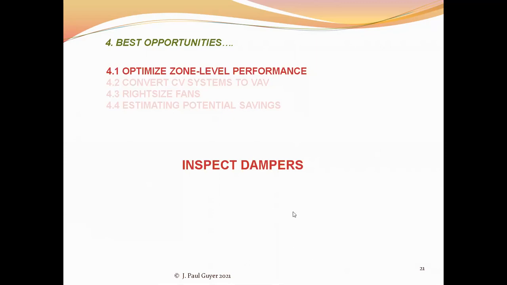So optimizing the zone level performance. That's essentially getting the thermostat set at the right control point. Inspection of dampers, because they do have a tendency to get gummed up and this sort of thing and jammed into the wrong position.